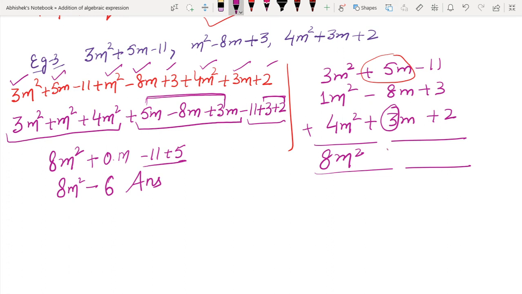Now again 3 plus 2, it is 5, and minus 11. Whenever we have opposite signs, we subtract the terms. Here it comes to 6 and the sign of the bigger term. So ignore the term with variable with coefficient 0. So 8m square minus 6. So we can see that we get the same answer with the horizontal and column methods.